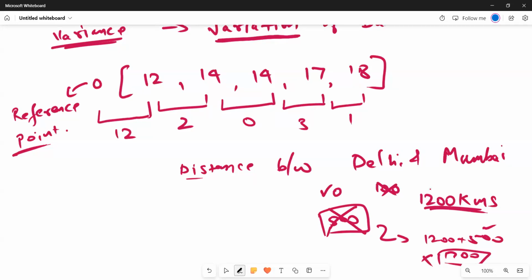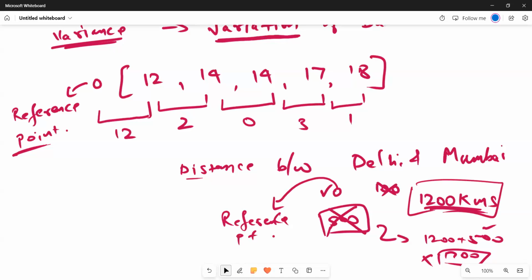If I tell you that the distance between Delhi and Mumbai is 1700 kilometers, you'll get confused, because originally it is 1200. So this is the standard that is set, that you always have to take the reference point as your origin.